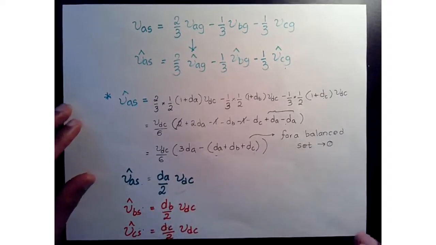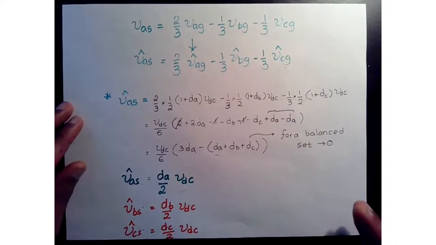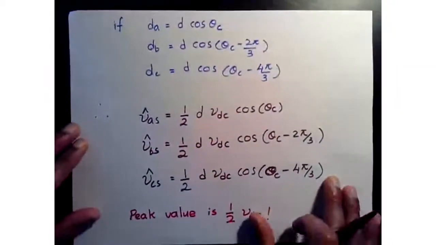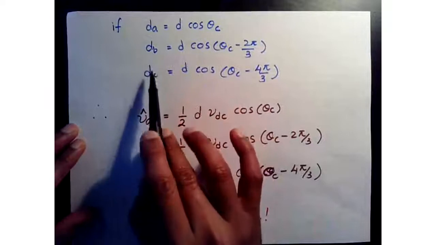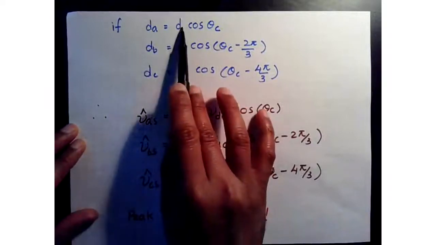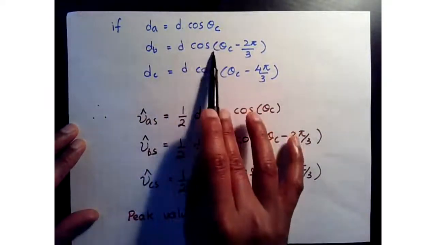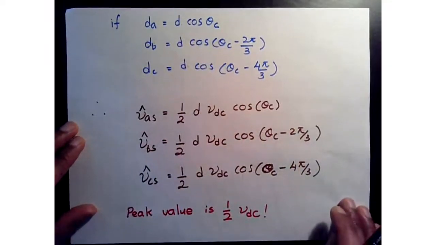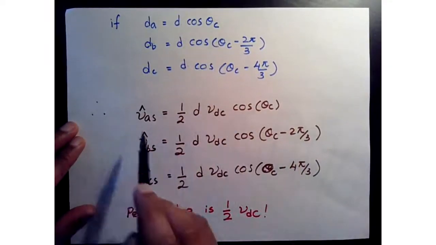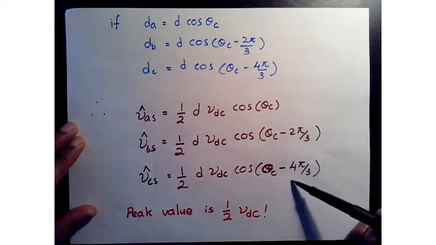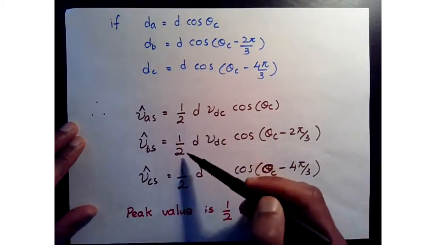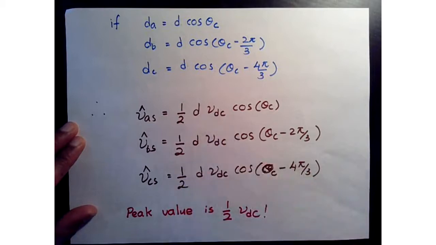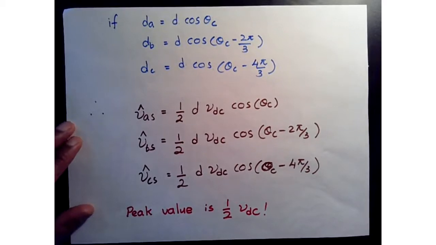So this is that sine triangle method that we spoke about earlier. Okay, in a couple of videos back, we talked about the sine triangle method, right? So if our duty is with constant amplitude and cosines or sines 120 degrees out of phase, VA, VB, VC are going to be balanced, and they are going to be half of our DC bus voltage. Okay, half of DC bus voltage.